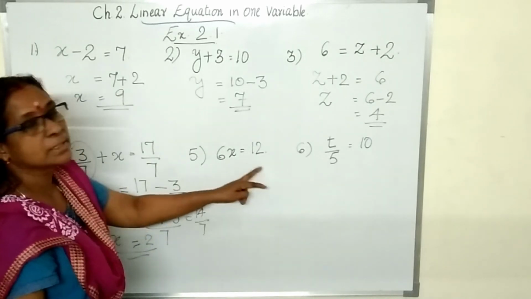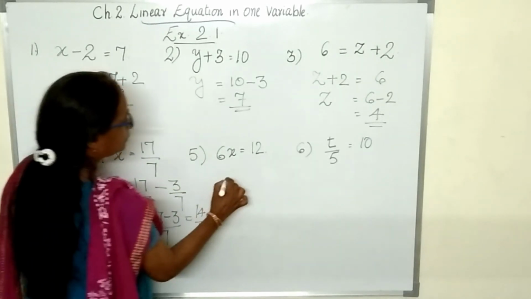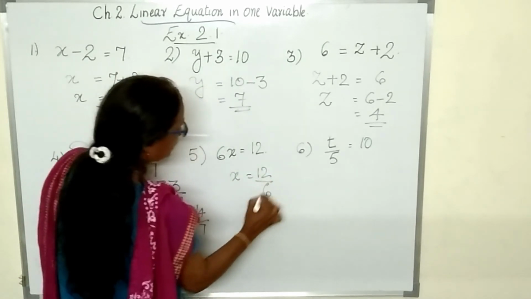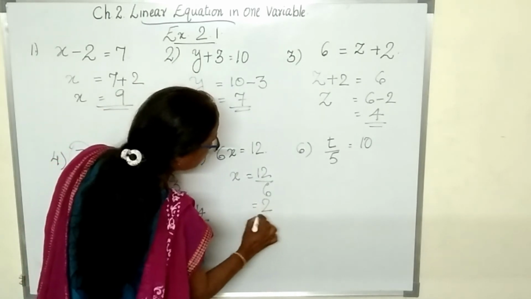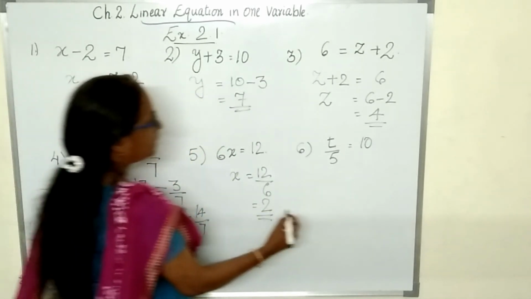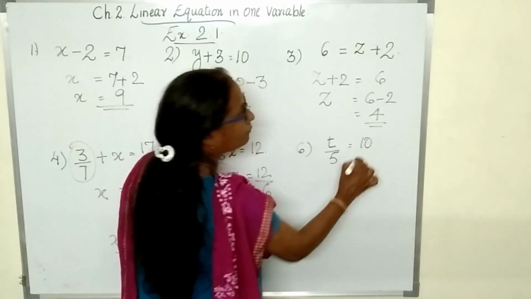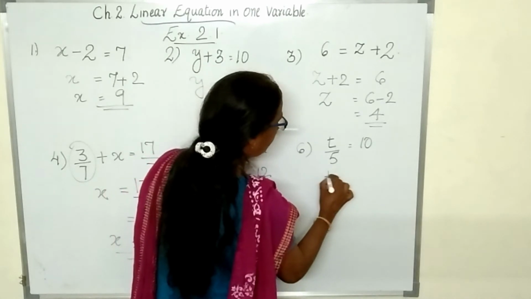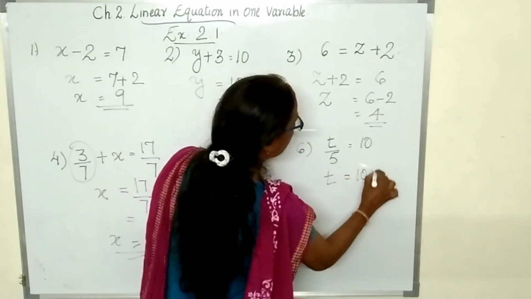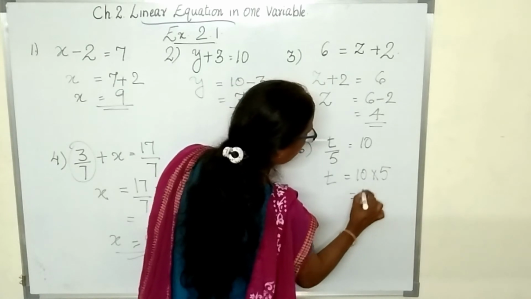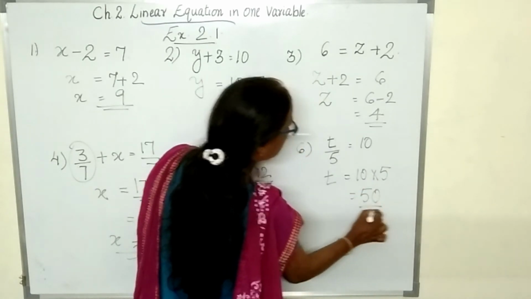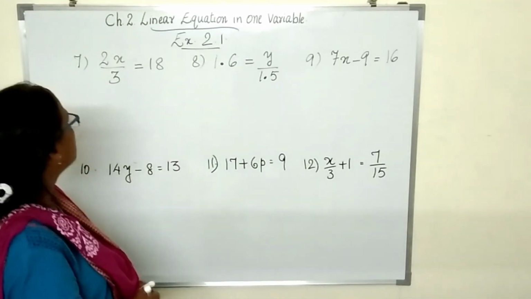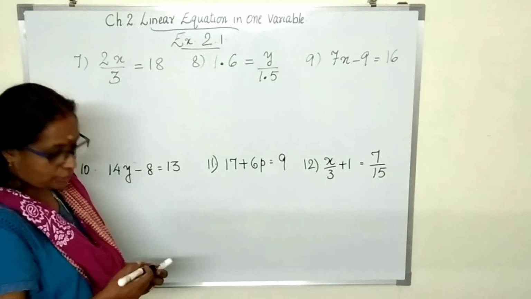Now, 6x is equal to 12. So x is equal to 12 upon 6, which is equal to 2. And here it is t upon 5 is equal to 10. So t is equal to 10 multiplied by 5, which is equal to 50. The next question is 2x upon 3 is equal to 18.